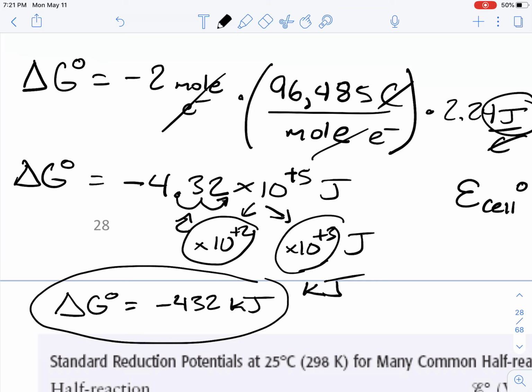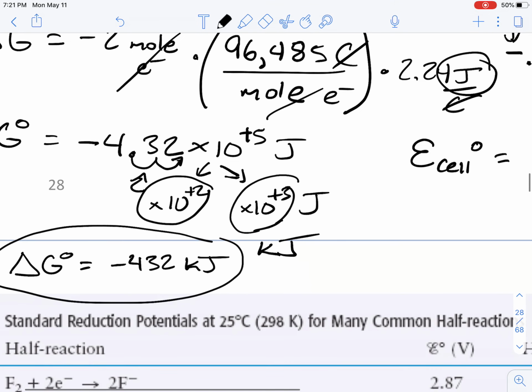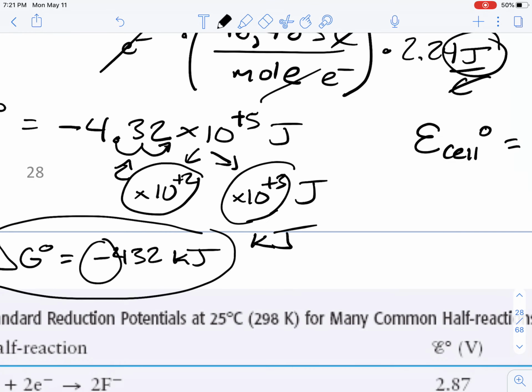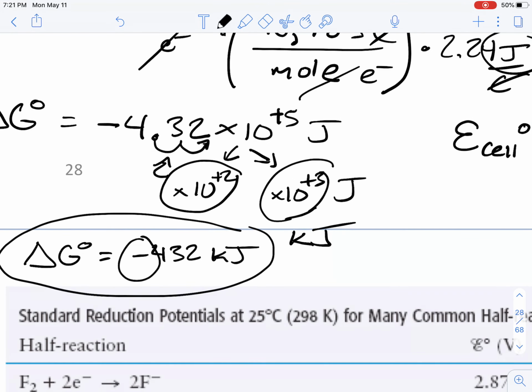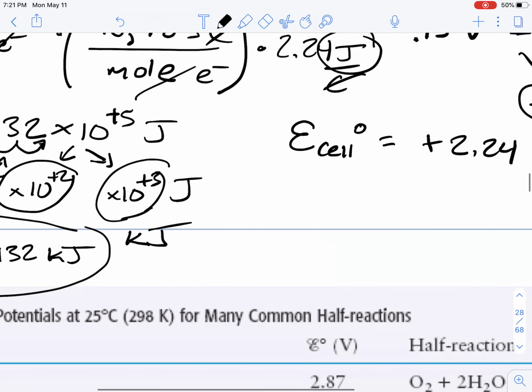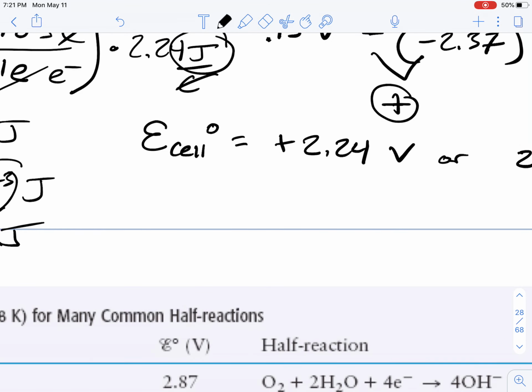Okay. Once again, looking at my sign, this is telling me that my reaction is spontaneous because the sign of the Gibbs free energy is negative. And it parallels the story that the standard cell potential is telling me. Remember, if the standard cell potential is positive, then that's letting us know that the oxidation reduction reaction is spontaneous in the forward direction.